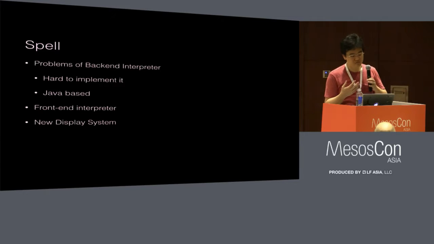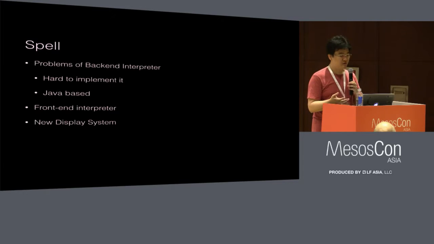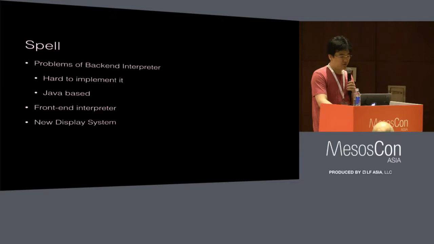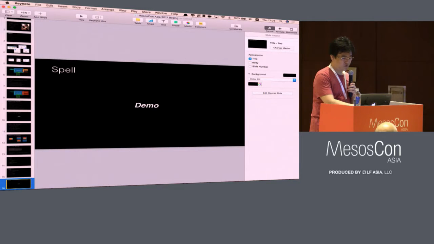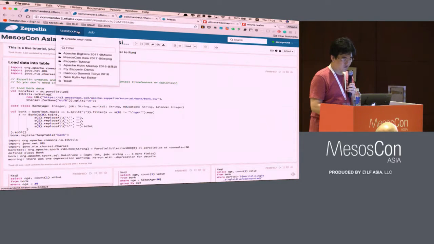So developers who are not familiar with Java and the build system find it hard to build, develop or improve the interpreters. So Spell supports JavaScript. You can use JavaScript to develop interpreters, and it's quite simple and easy to use and develop for the front-end engineer. And I will show you the demo. Spell demo.